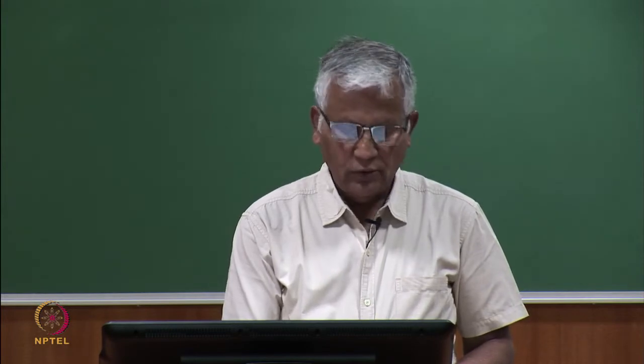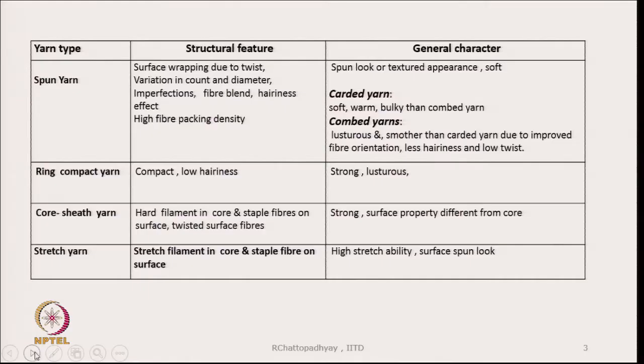Now, we see what the basic structural characteristics of these yarns are. Let us look at the spun yarns. Generally, in spun yarns the surface wrapping of fibers would be visible due to twist. Spun yarns will have variation in count and diameter.